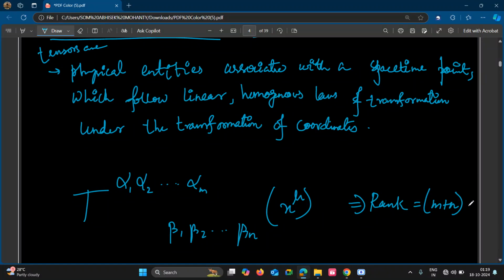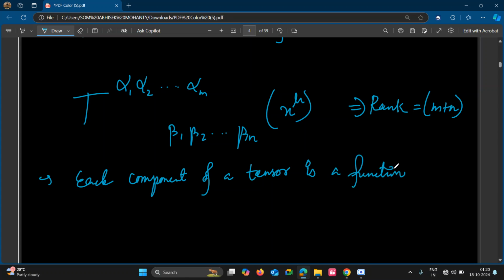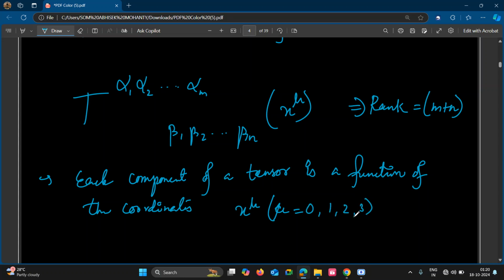In general, each component of a tensor is a function of the coordinates, that is x mu, where mu is equal to 0, 1, 2, 3.